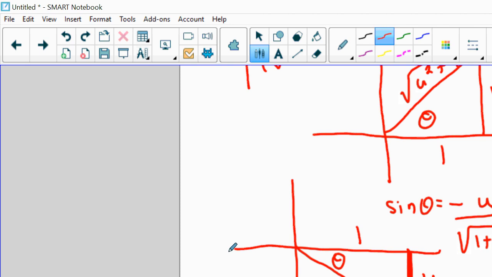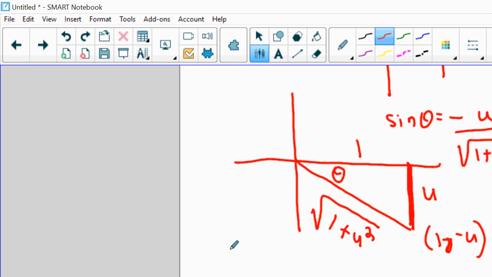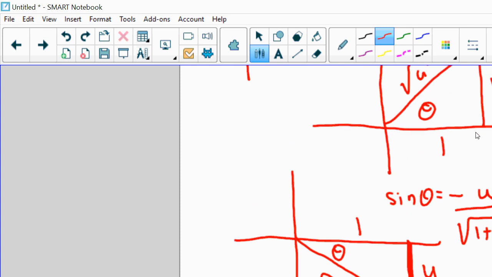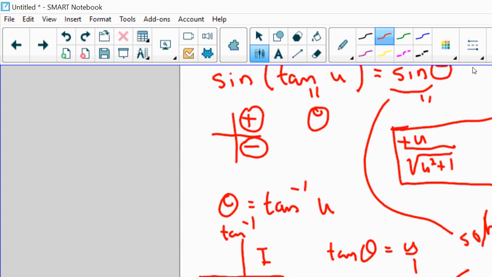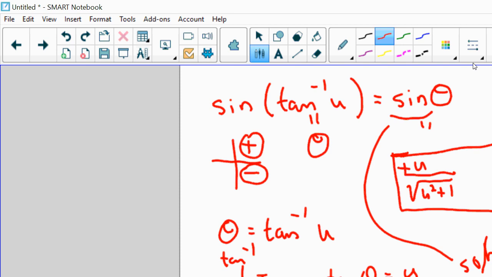I was reading the solution. It works out pretty good. Just really depending on what U is. If U is negative, it would have ended up negative. So there's two ways to work it. What I did when I worked mine, I said, well, yeah, U could be positive or negative.